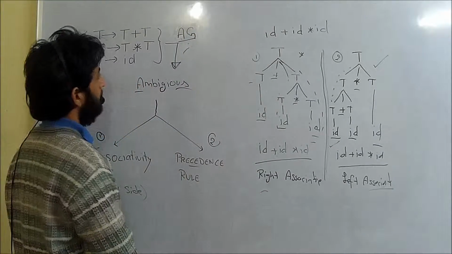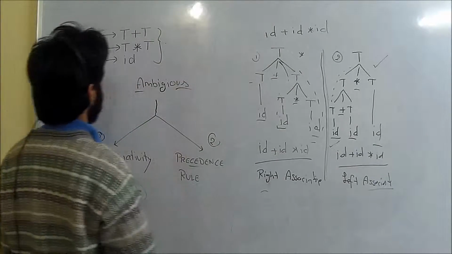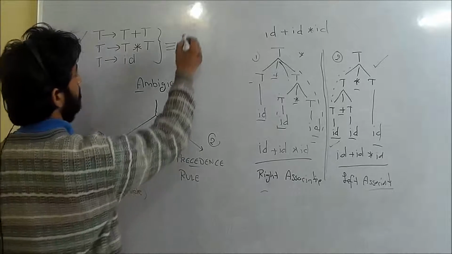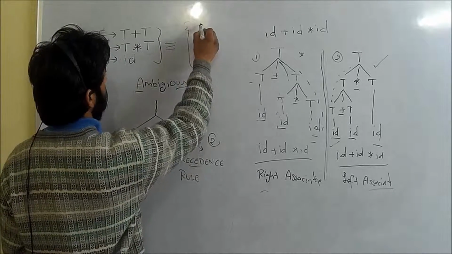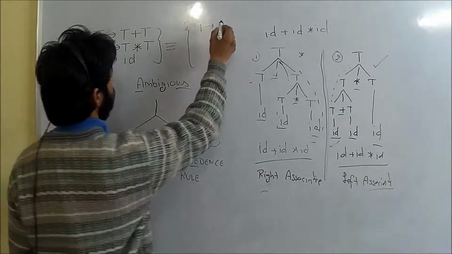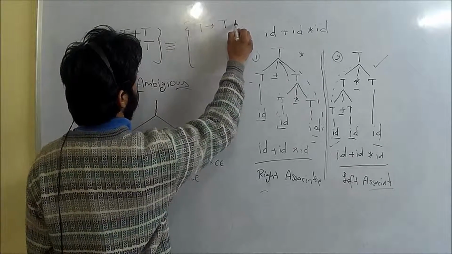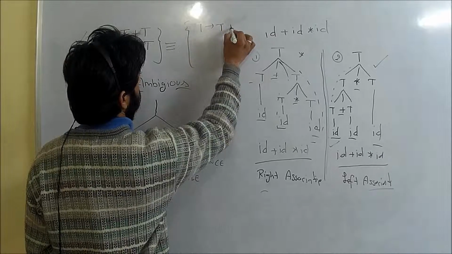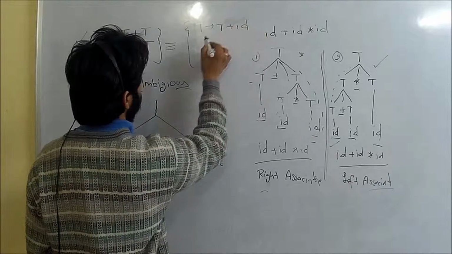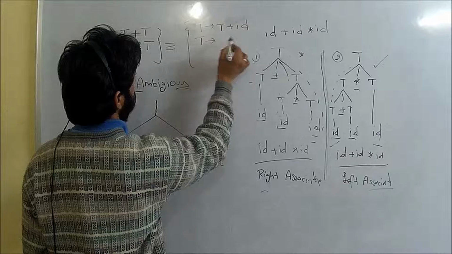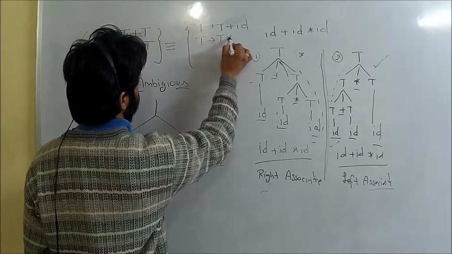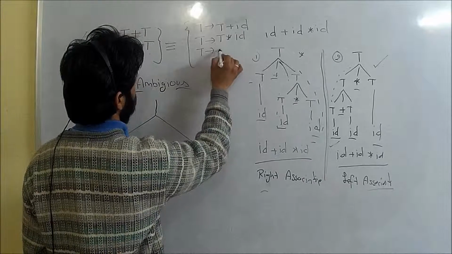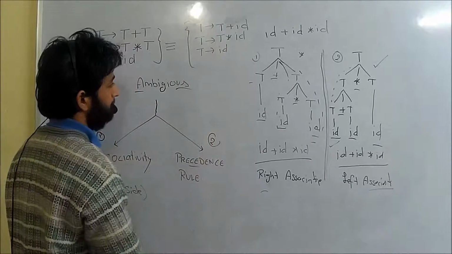By doing this, the resultant unambiguous grammar will be T derives T plus id, T derives T star id, and T derives id.